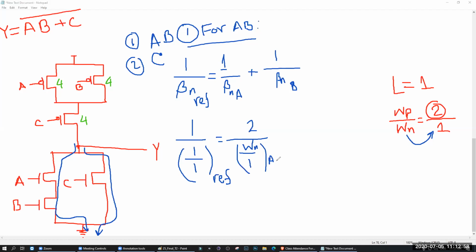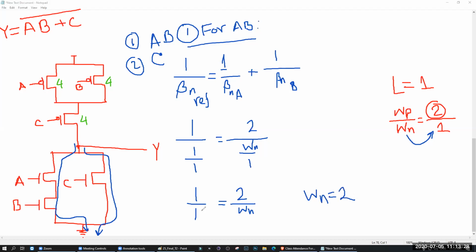And I can write AB, or I can erase those because I know it is for AB. Now I'm erasing the bracket. This one will go up, this one will go up. So what are you left with? 1 divided by 1, 2 divided by Wn. So multiply. So your Wn equal to how much? 2. So your A is 2. Your B is also 2, right? Because this formula is for A and B both.